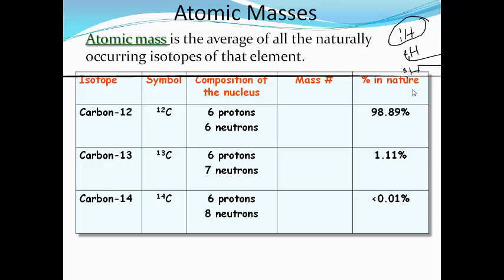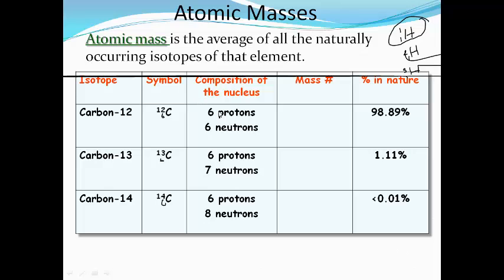If we look at carbon, there are 3 naturally occurring isotopes of carbon: carbon 12, carbon 13, and carbon 14. If we wrote the correct nuclear symbol, all of these would have a 6 down here because we know that the atomic number is 6. There are 6 protons in each of these.